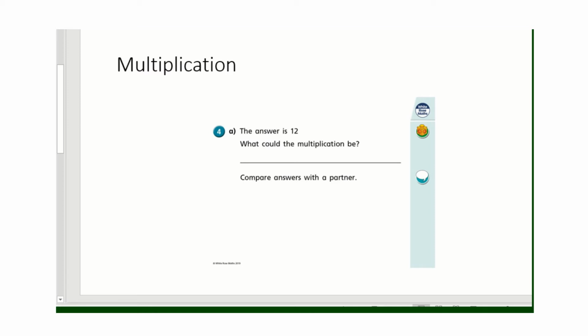And that digit, the 1s, is 2. I wonder if it could be 2s or 3s or 4s. You have a think. I'll give you one that I think it could be. I think it could be 3 lots of 4. 3 times 4 because I know 4, 8, 12. Do you think what others could it be?